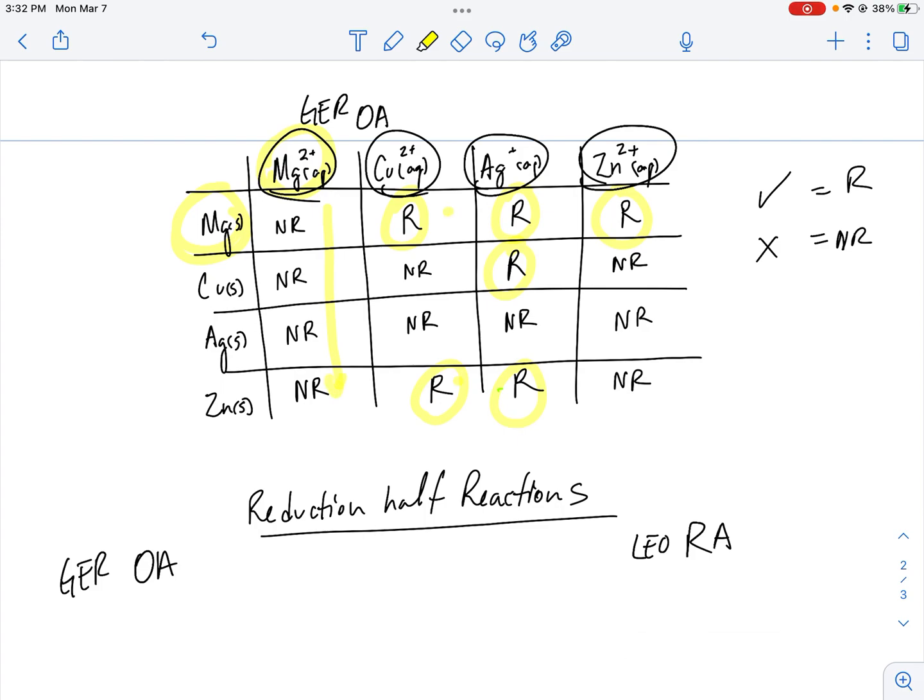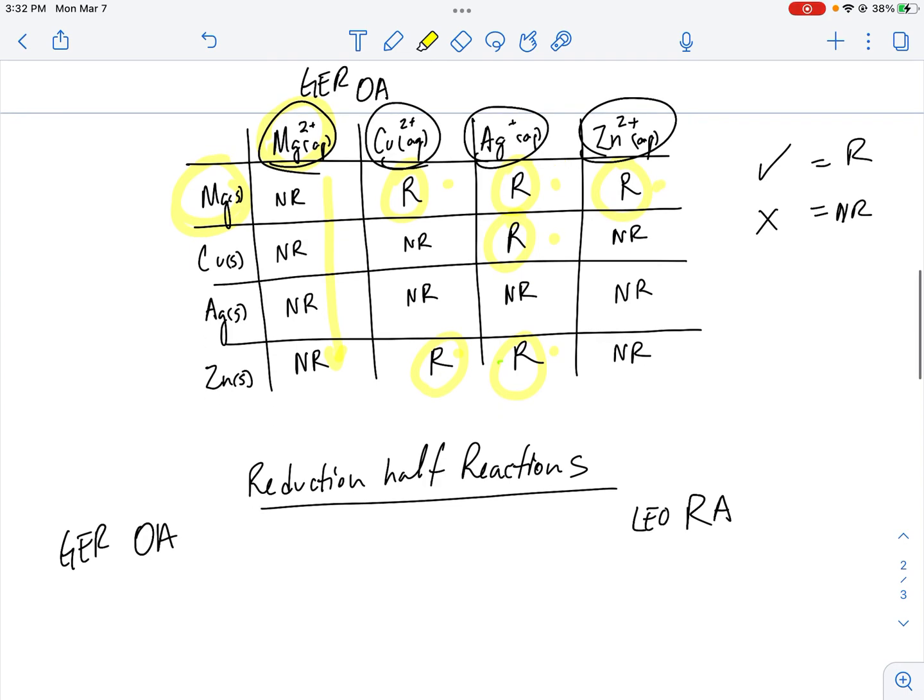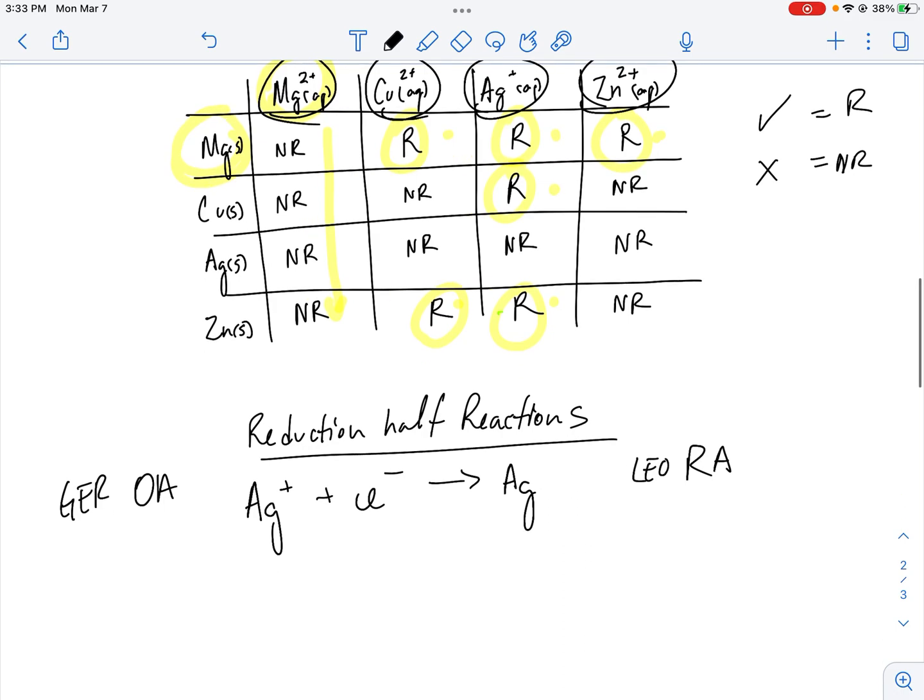Copper reacted twice, and silver reacted 3 times, and zinc ion only reacted once. So the strongest oxidizing agent, the most reactive, was silver. And so I'll write its half reaction at the top of my reduction half reaction table.